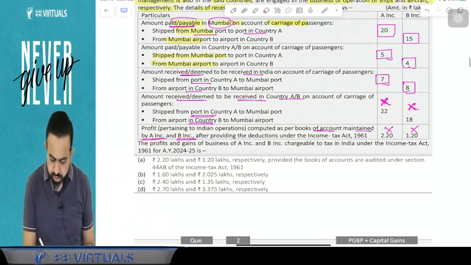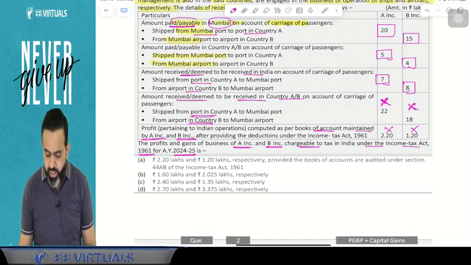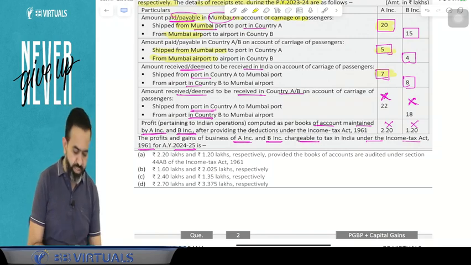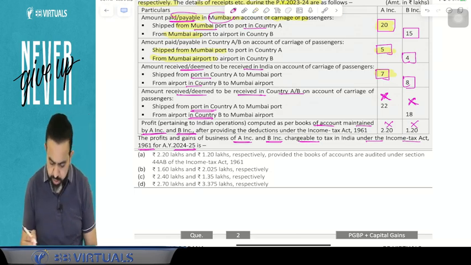So how will you calculate the PGBP income? What they are saying: the profit and gains of business of A Inc and B Inc chargeable to tax in India under the Income Tax Act 1961 for the assessment year 24-25. So what will be the income? First take 20 plus 5 plus 7 multiplied by 7.5%. So 20 plus 5 plus 7 total comes to 32 lakh.